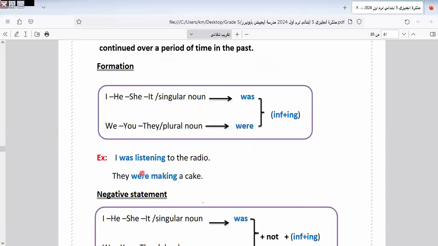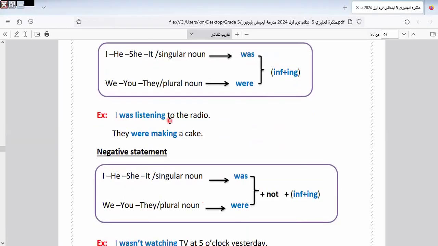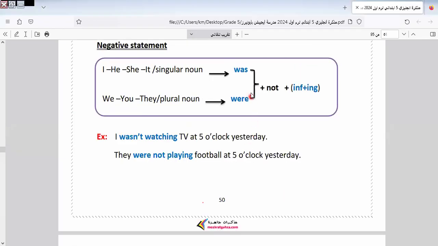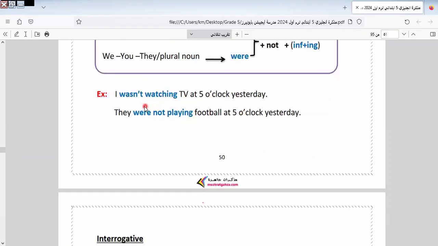Let's learn more about this lesson. I was listening to the radio. They were making a cake. Here we have was listening, were making. So here we have was plus the verb with the ing form. Let's go to another one. When we make a negative form, what is the formula? Was or were plus not plus the verb with ing.